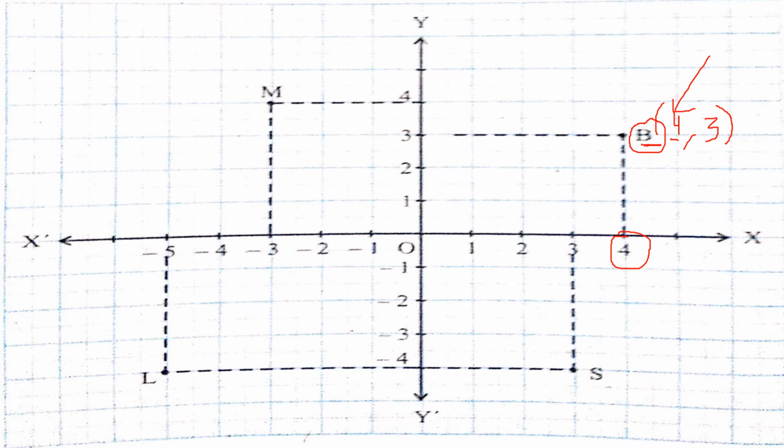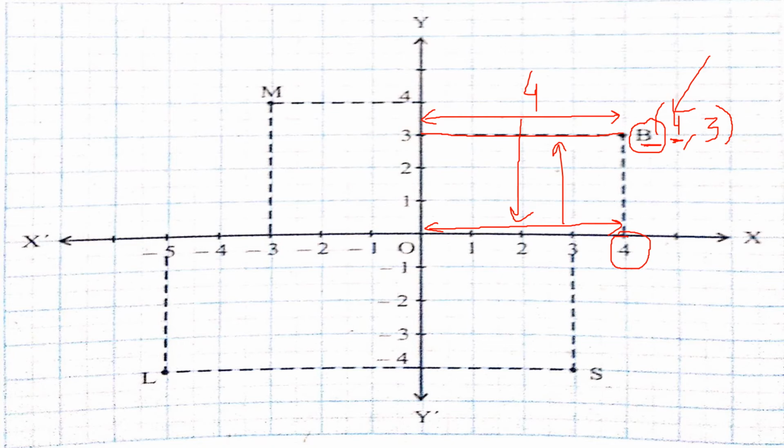So if I make a line like this one, this line is the distance of point B from the y-axis. And how much is this distance? It is the same as this distance, which we know already. How much? It is 4. As this is 4, therefore this is also 4. Hence the x coordinate came as 4.